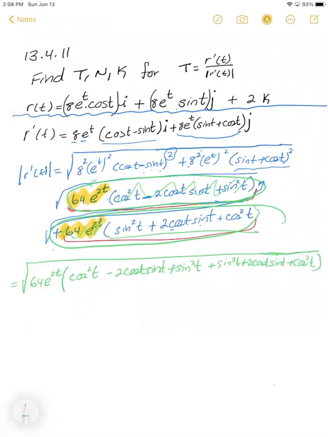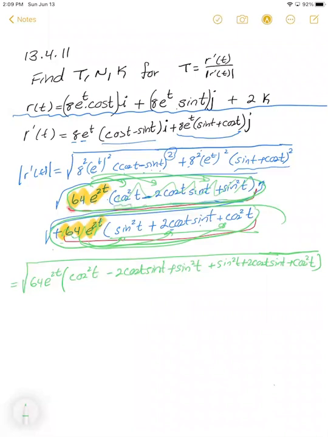Also, in algebra, you could have distributed this by every single term and then distributed this one by every single term and collected like terms. I just kept that 64 e to the power 2t since it's a common factor outside, but I basically did the same thing.